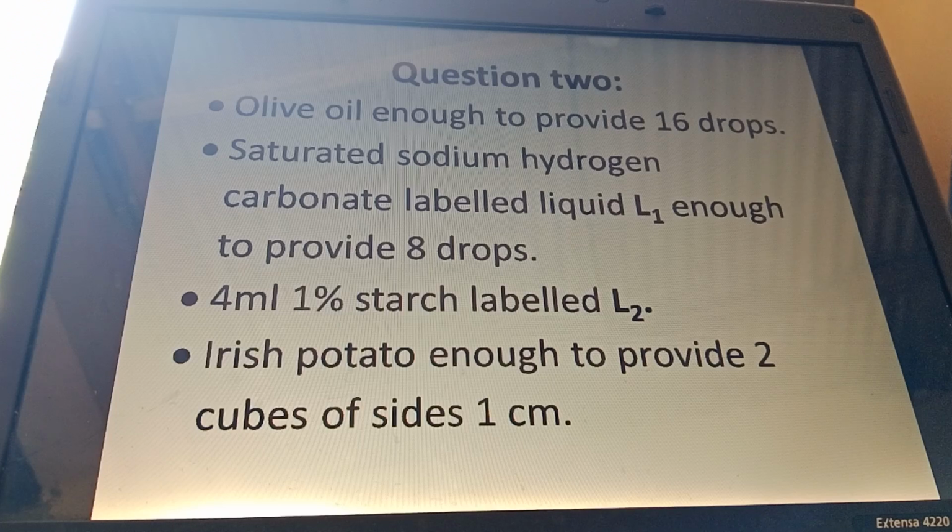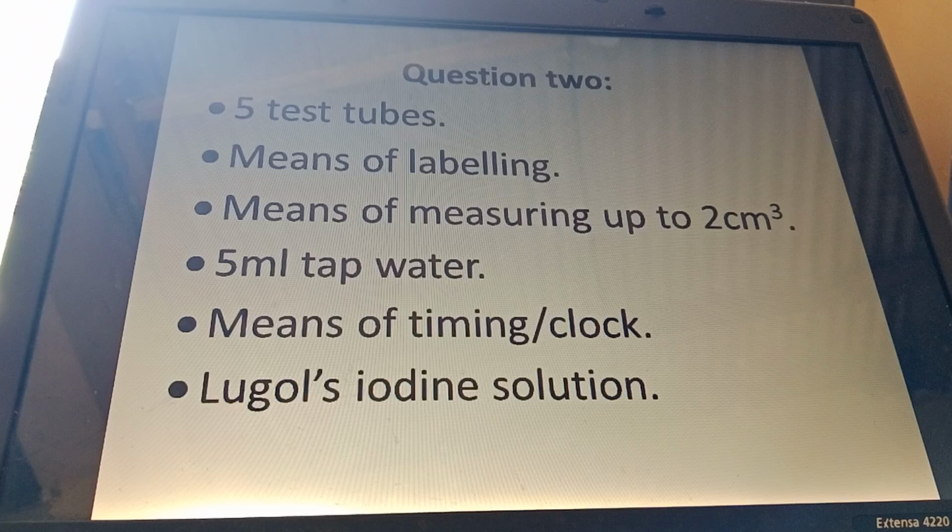Irish potato enough to provide 2 cubes of size 1 centimeter. Continuation of question 2: 5 test tubes.